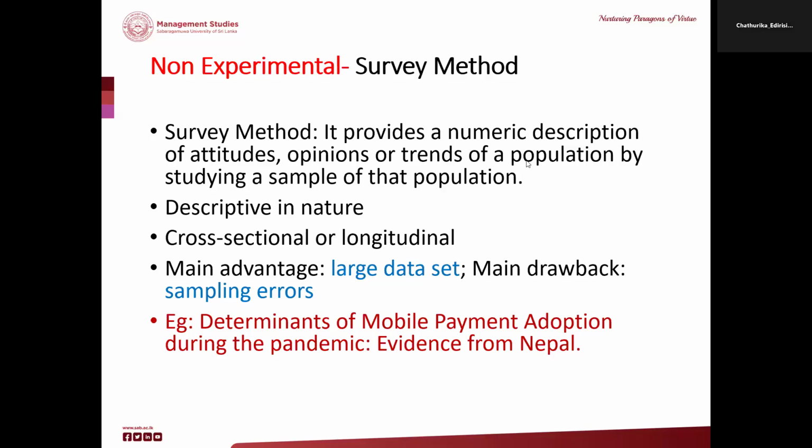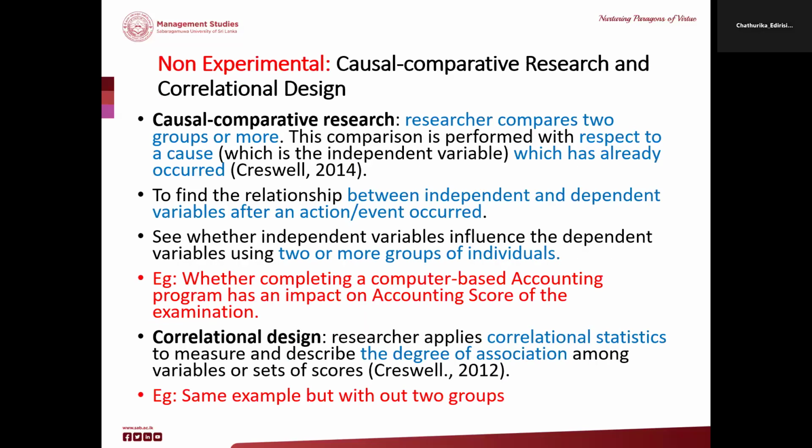So the next designs under non-experimental research are causal comparative research and the correlational design. Causal comparative research is basically comparing two or more groups. This comparison is performed with respect to a cause. For example, a cause can be an independent variable which has already occurred, to find the relationship between independent and dependent variables after an action or event occurred.